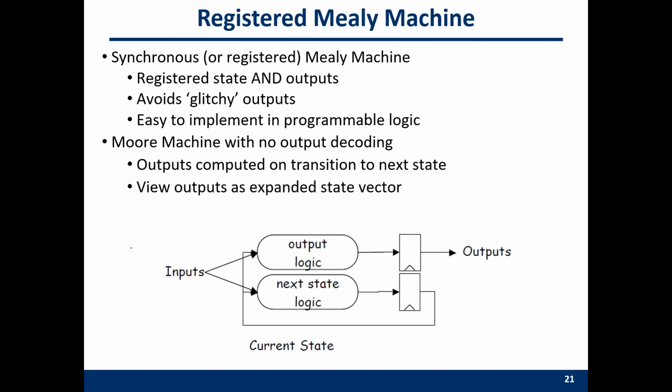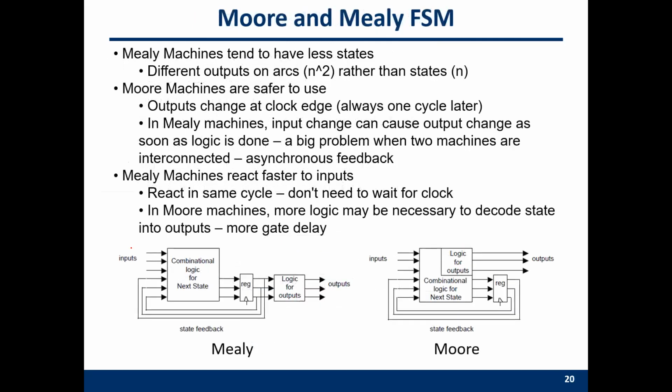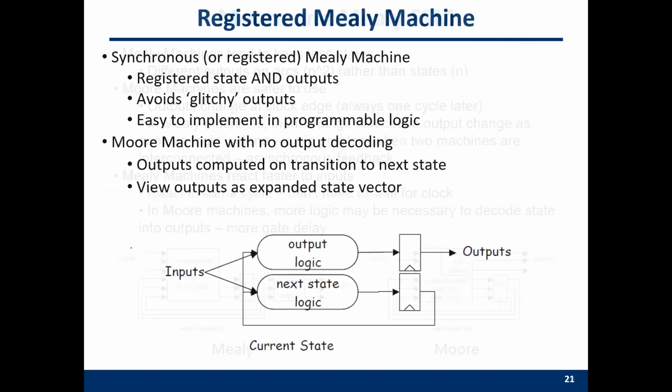So in order to overcome that asynchronous feedback problem, we can have a registered Moore machine. Or we can call it a synchronized Mealy machine. We register both the input and the output here.